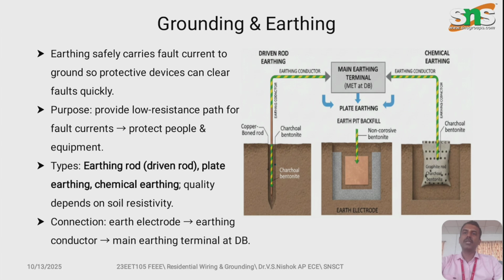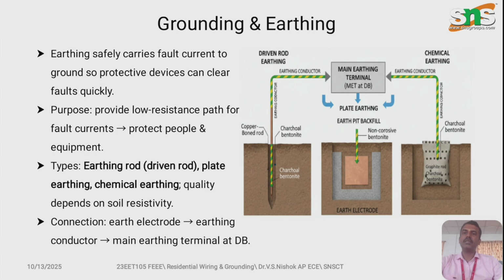Next, coming to the topic grounding and earthing. Based on the soil type, there are different types of grounding. That is making the faulty current or unwanted current to be grounded, which is called the method of earthing, and it is used for safety purposes. It provides a low resistance path for current to flow to the earth or ground, so that the equipment will be saved from the faulty current.